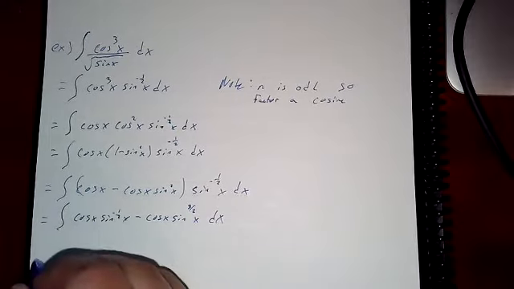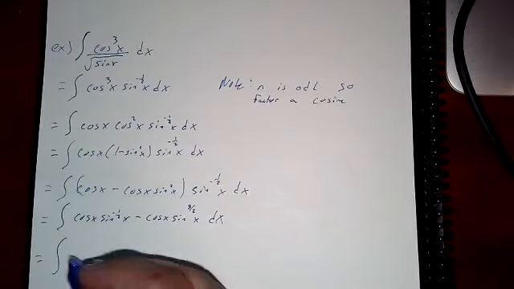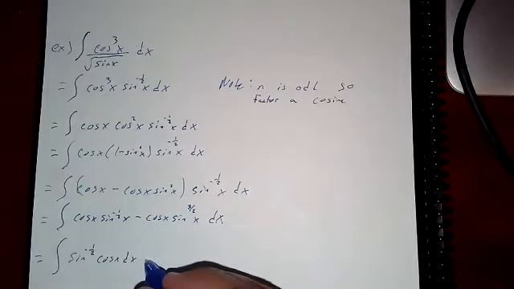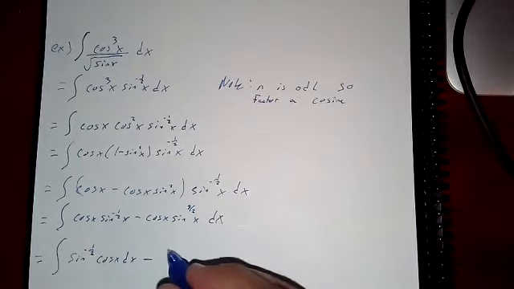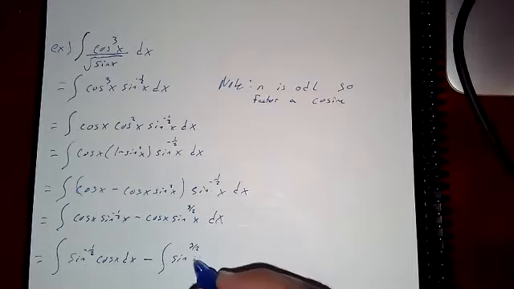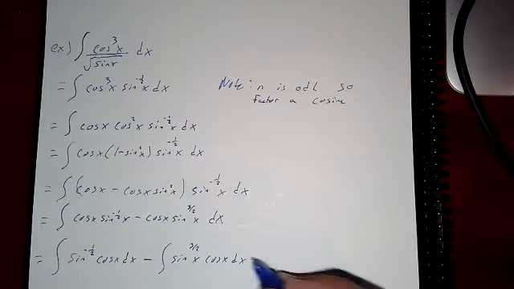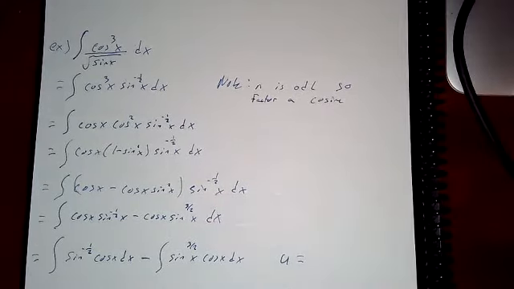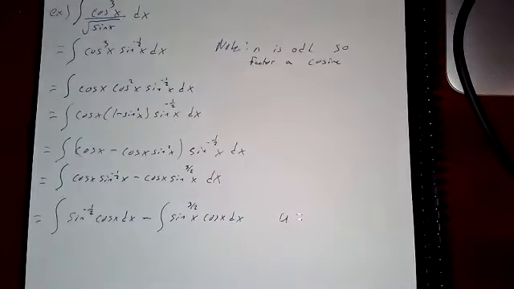So we'll separate these into two integrals. Sine negative half x cosine x. I'm going to rewrite it just for fun. Minus sine 3/2 x cosine x dx. What do you guys think u should be? Now we can do u sub.